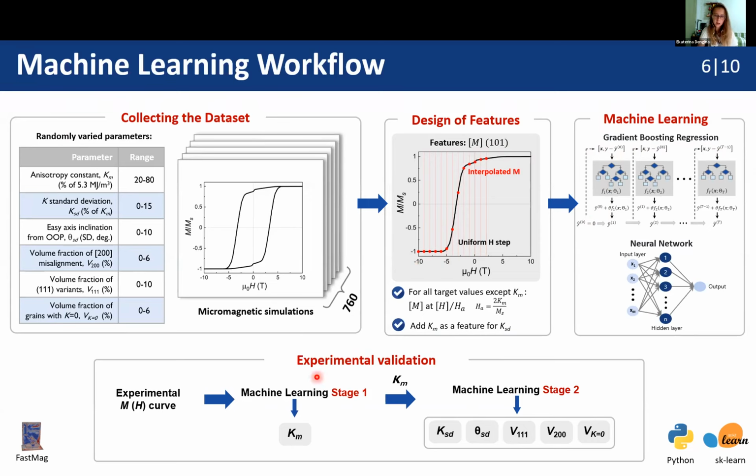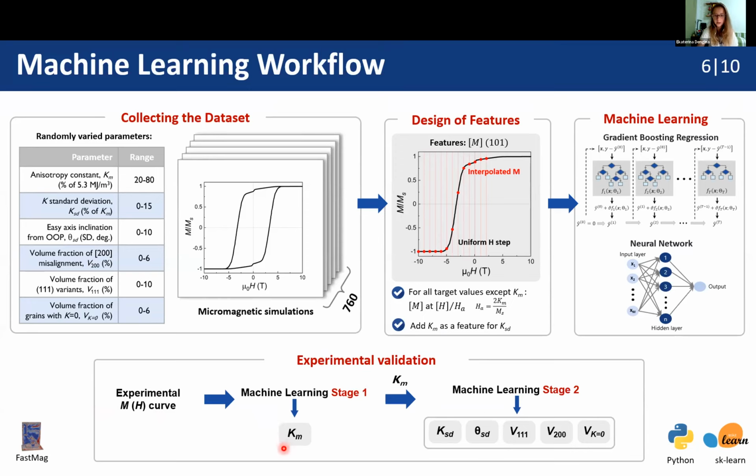After that, we can carry out experimental validation of our machine learning model. For that, we need an experimental demagnetization curve. From it, we extract the points, the same as we did for the whole data set. We provide these points to the machine learning model, and it predicts these 6 parameters.